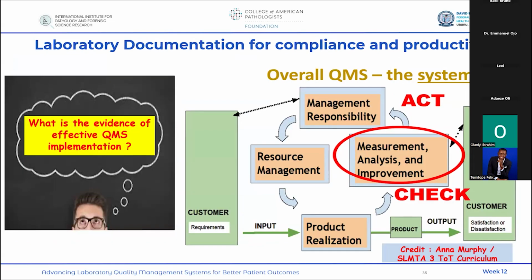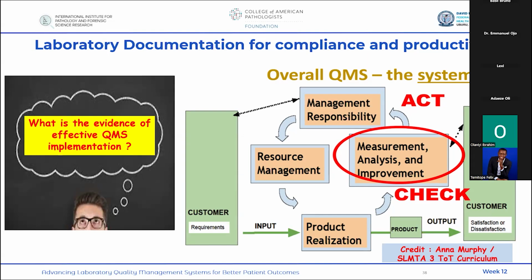Still talking about what is the evidence of effective QMS implementation. The structure here on the right, and the credit is to Anamorphy. Anamorphy is a trainer, a clinical laboratory scientist based in the US. She taught us QMS those days, and she designed some of these modules.